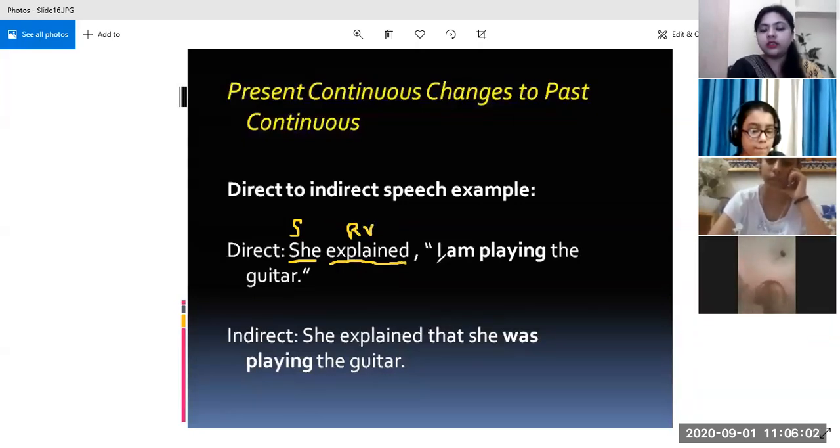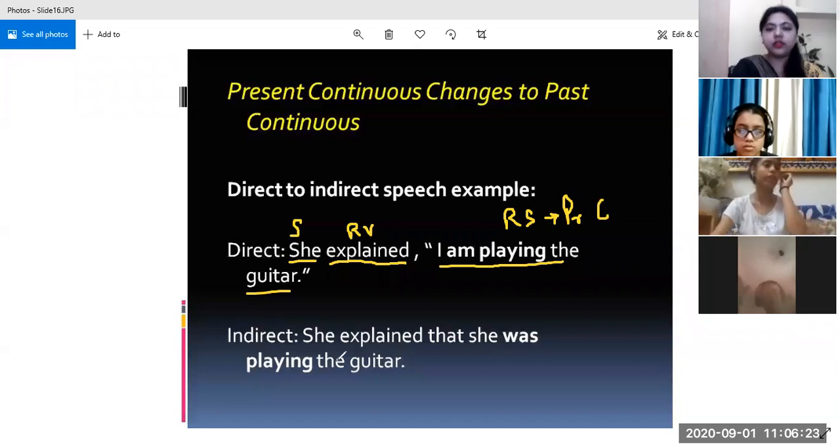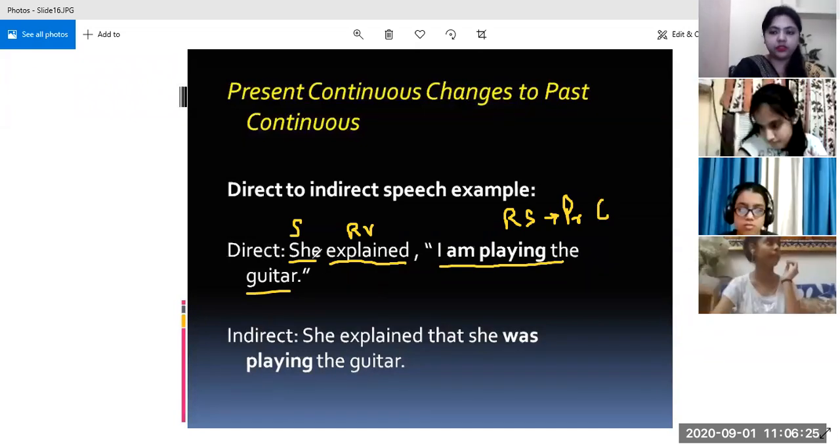Then the sentence which is written within the inverted commas, that is the reported speech. Now let us convert it into the indirect speech. And this reported speech is in present continuous. So let us change.